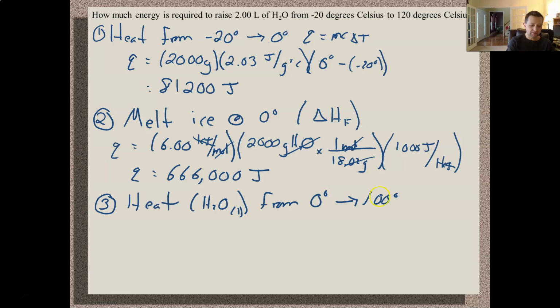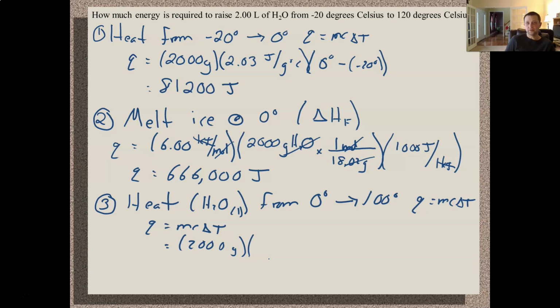Anytime we have a delta T, so we're in that big middle part of the heating curve from the previous slide, we have to use Q equals MC delta T. So let's go ahead and do it. Our mass, we still have 2,000 grams. Now our C value, the specific heat, we're at liquid water now.